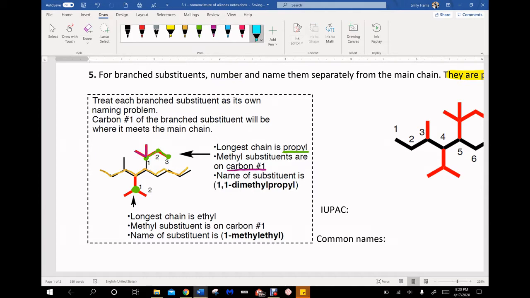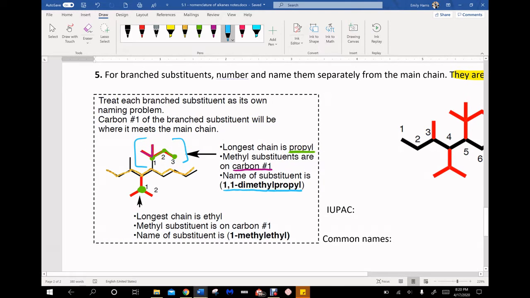And so the name for this entire group becomes 1,1-dimethyl-propyl. Propyl is being treated as the main chain, with the 2 methyl groups attached to that first carbon in the propyl chain.